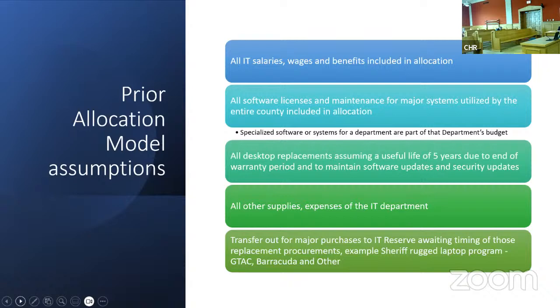An example is the Sheriff's Rugged Laptop Program, which in some places I see called GTAC and other places called MDT. In this presentation, I will be using GTAC because that was in our papers. It also included some other items like Barracuda, and another category just called Other, which was not described very well.